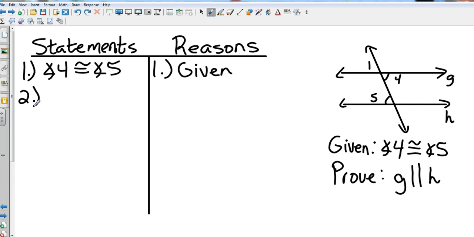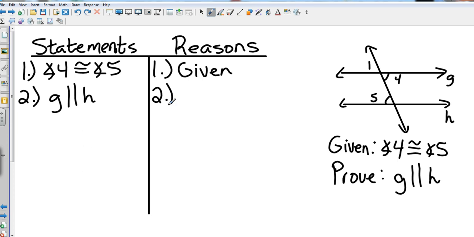But I'm going to take the easiest. I'm going to go with 4 and 5, and I'm going to use the converse of the alternate interior angles theorem. And so right away, given that information, I can step right to step 2 and I can prove it.